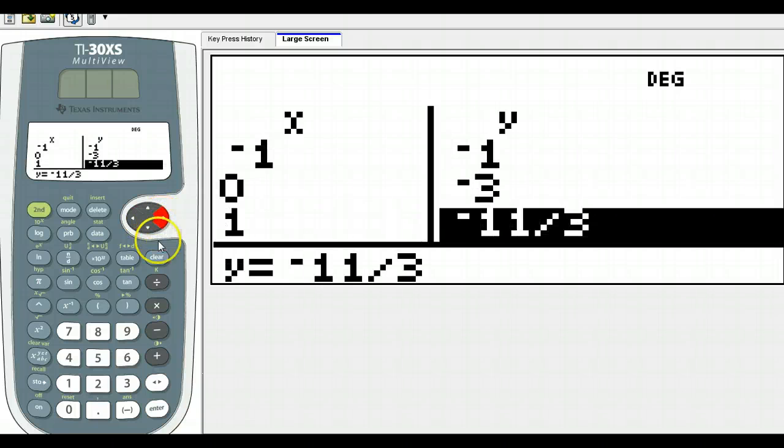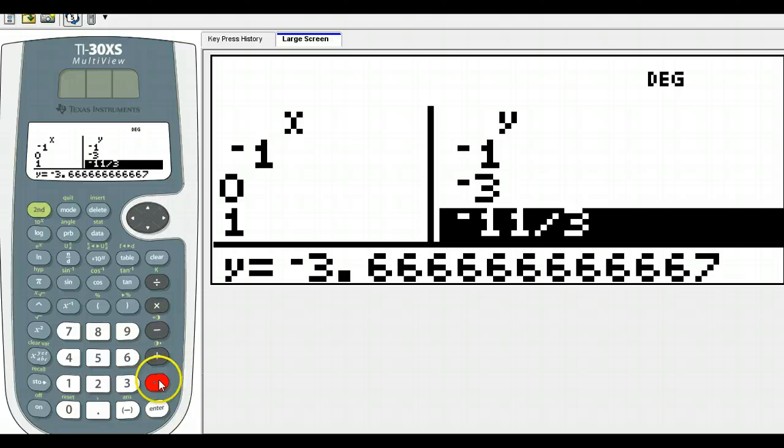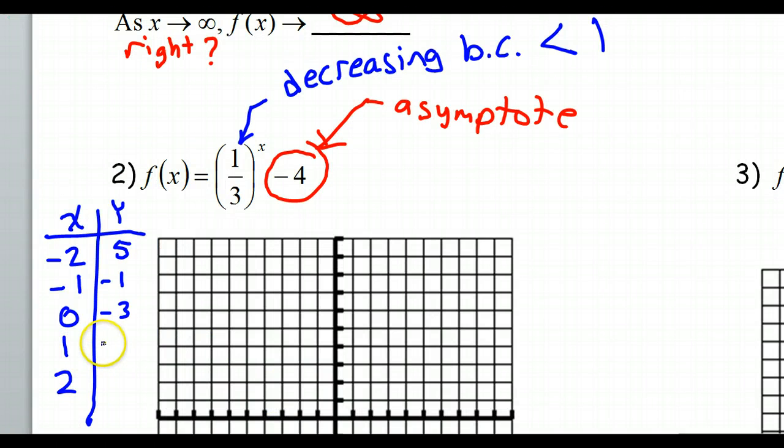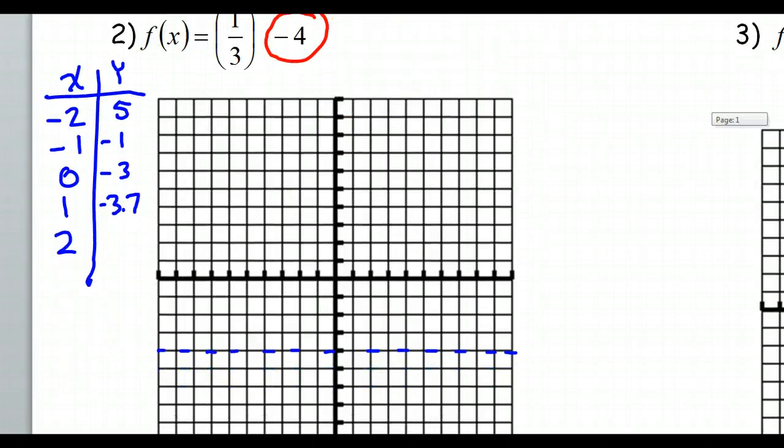Okay, now the decimals begin, my friends. Remember, if I highlight it and toggle, it will give me the decimal form. So this is -3.7. One decimal place is really all you need here. Okay, and remember, we knew that -4 was going to be the asymptote.